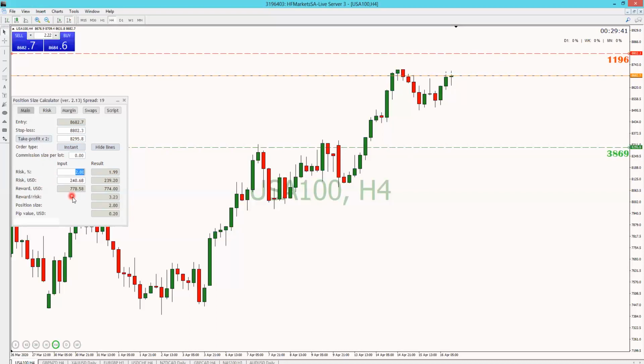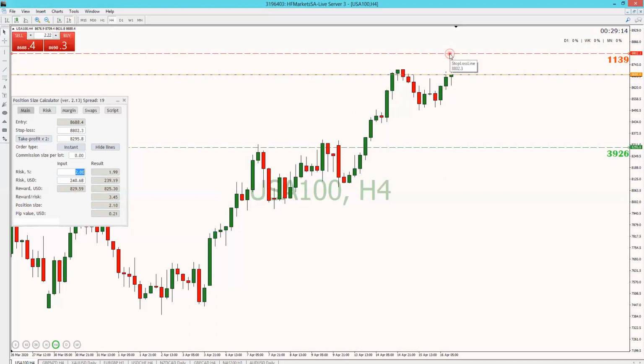Price is coming down. But what lot size should I use for this position? This is where the position size comes in. This is the lot size that you should use in order to risk 2%, and risk 240 for this specific setup.